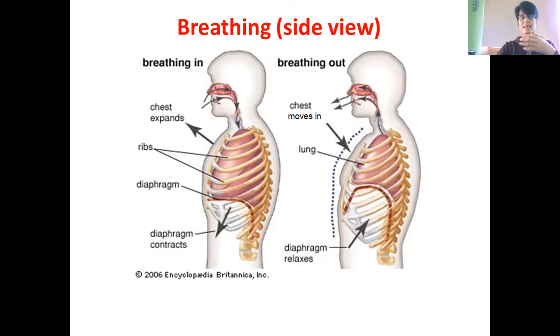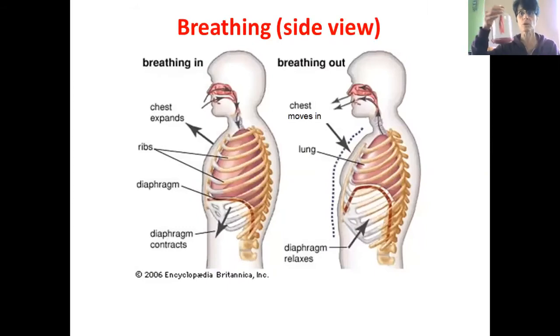Now they relax, and you can see how the rib cage moves in, all right? And then that creates a smaller volume in your chest cavity, and it pushes against the lungs, and you breathe out. All right, the lungs are not made of muscle. And it's basically due to pressure changes that the air moves in and out as well. And that is what I want to explain to you.